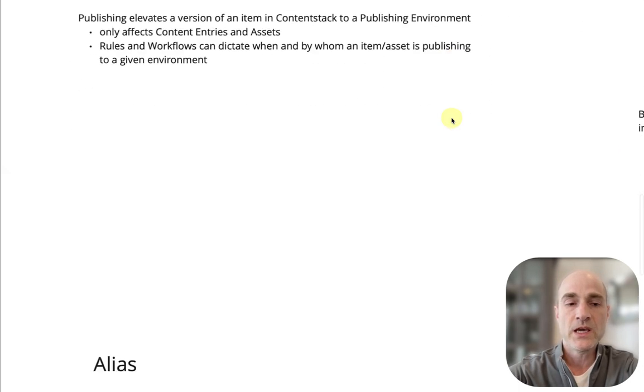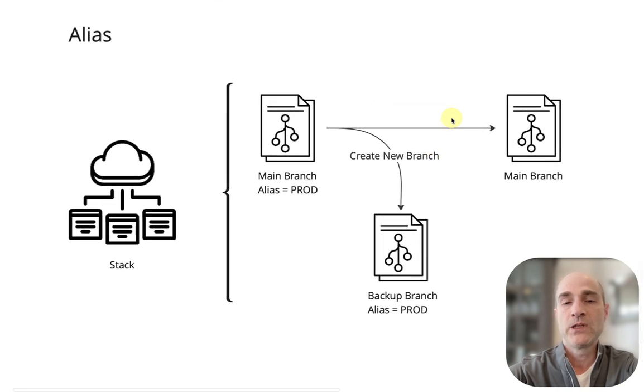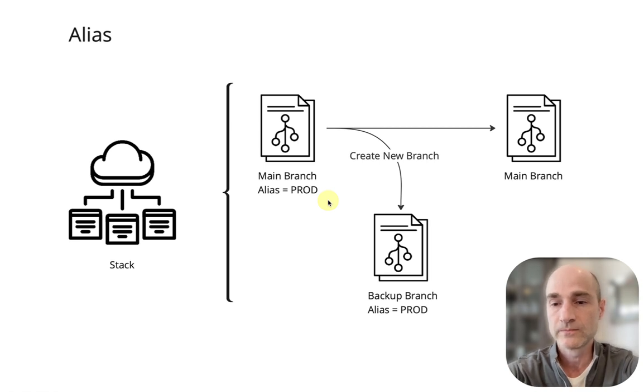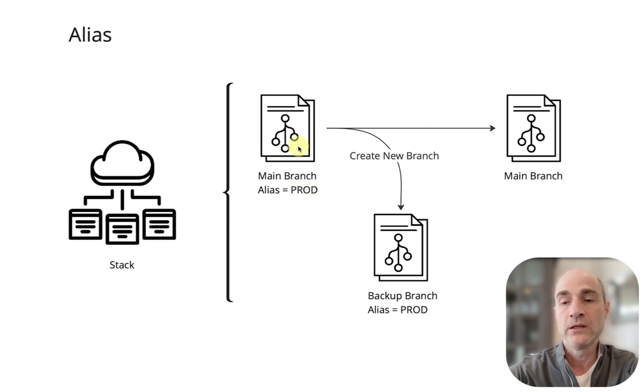So let's take the case where the development team has made a lot of changes, breaking changes to the main branch around content models, and they want to roll that out to production. Well, we could give ourselves an easy backup by creating a backup branch, creating an alias that currently points to prod, and then we're going to make a delivery token using that alias.